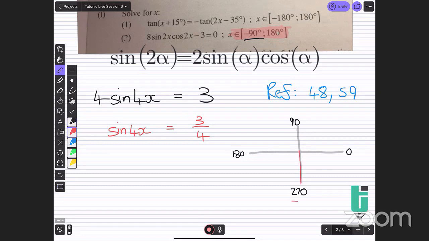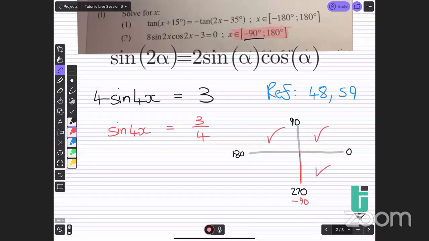It's here. So if they say between minus 90 and 180, it means all the quadrants going in this direction to 180. Do you guys see that? So it's this one, that one, and that one.